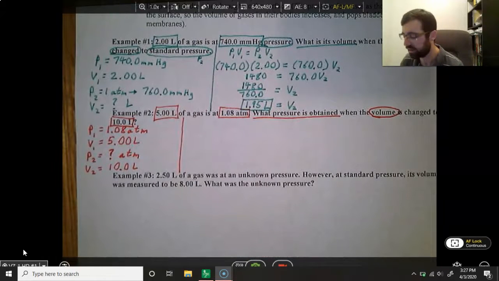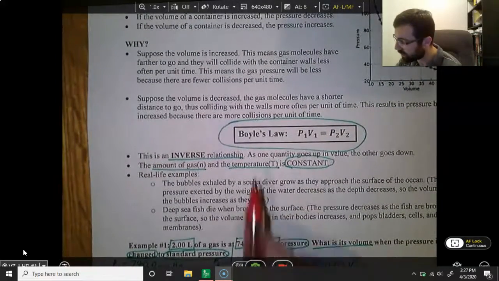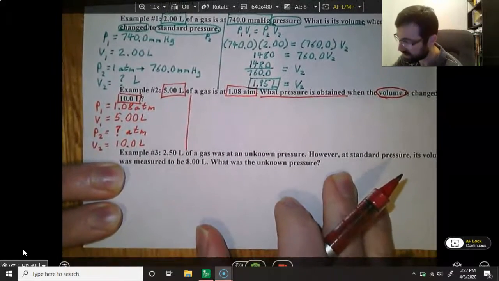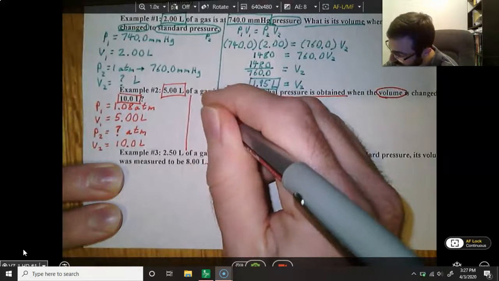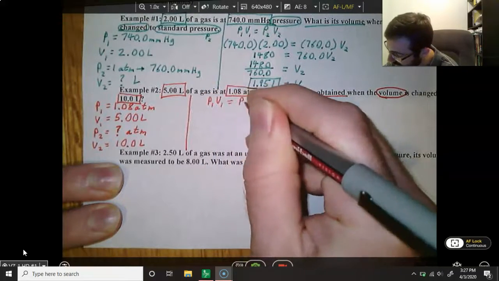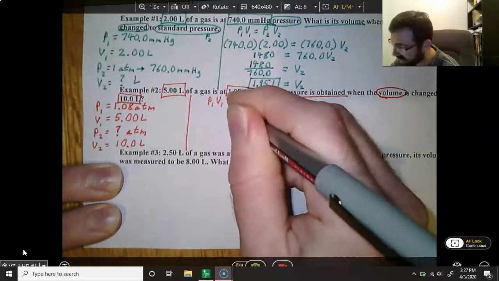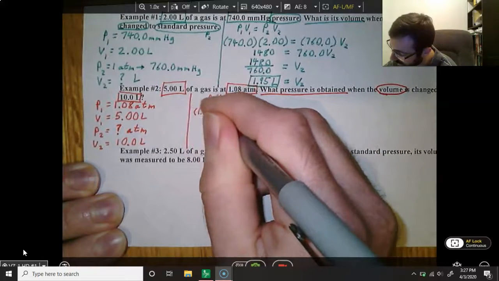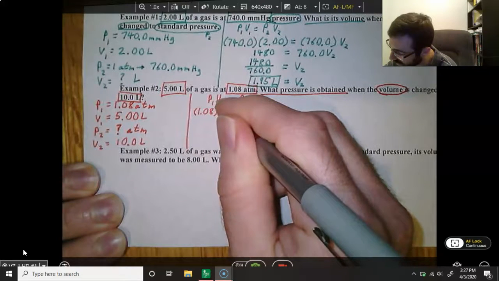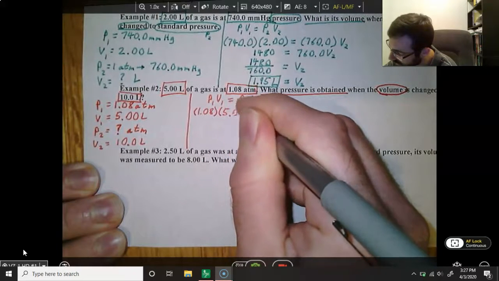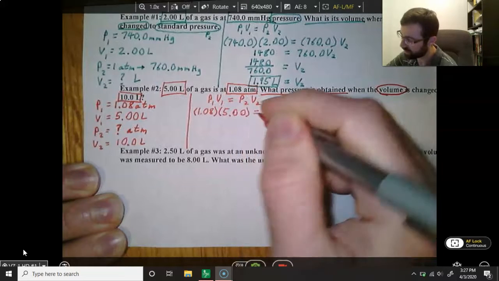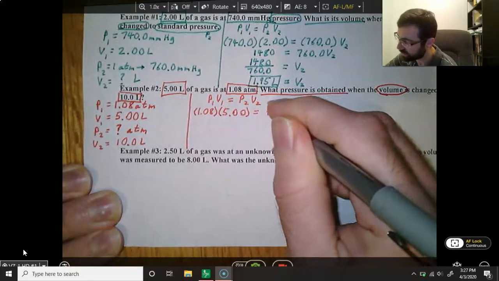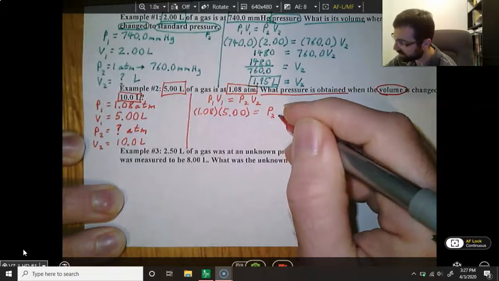All right, we go to solve the problem. We're going to plug in these variables to the equation, which is written above. P1 times V1 equals P2 times V2. So that's P1 V1 equals P2 V2. Remember, this is multiplication, not addition. Okay, so I have 1.08 times 5.00 equals, P2 is unknown, so I'm just going to leave it as P2, and then 10.0 liters.